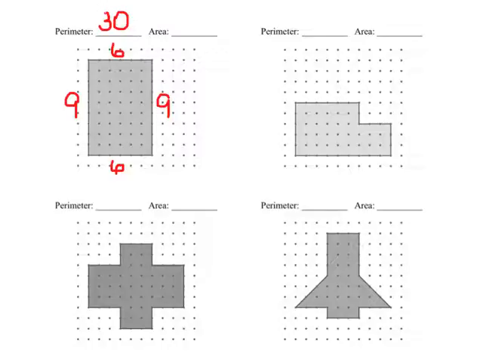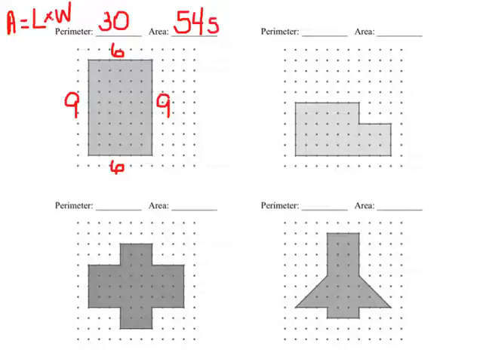And now I need to find the area. In order to calculate area, I need to multiply the length times the width. So let me write that over here as a reminder. Area equals length times width. So my length is 6, the width is 9, and 6 times 9 would be 54.